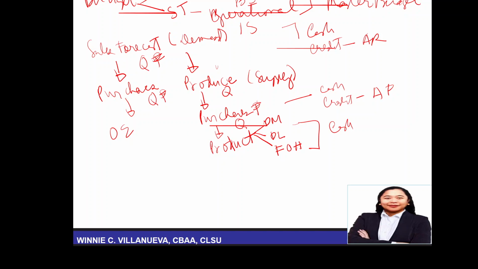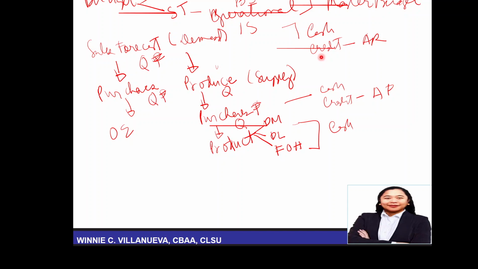Because with your budget, you have to remember that the main concern would be cash budgeting because we are in finance. Okay? And then later, how are you going to prepare a projected income statement?